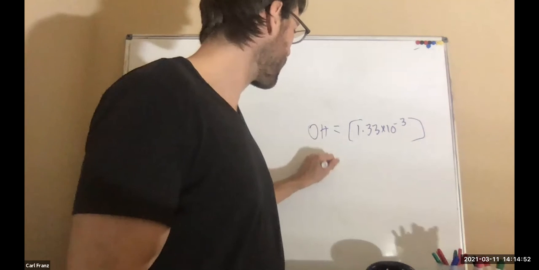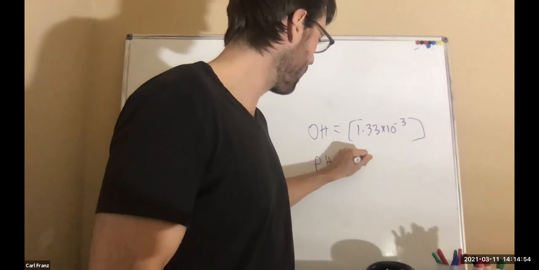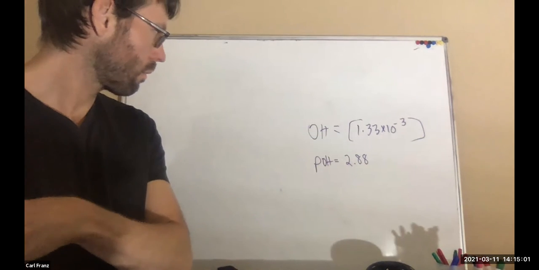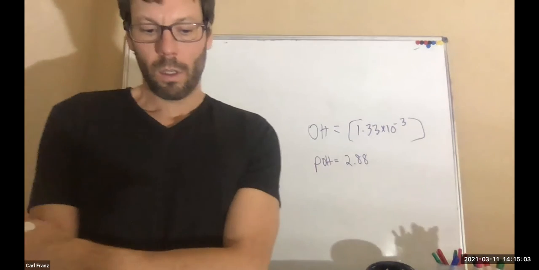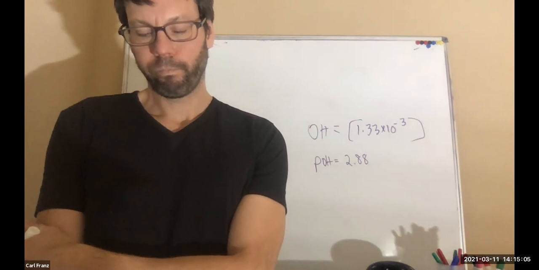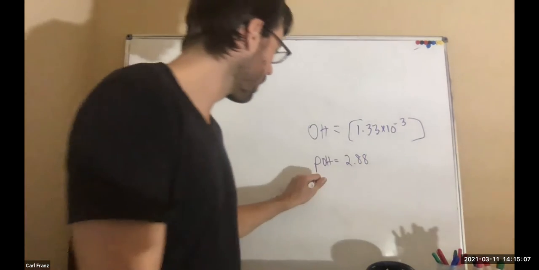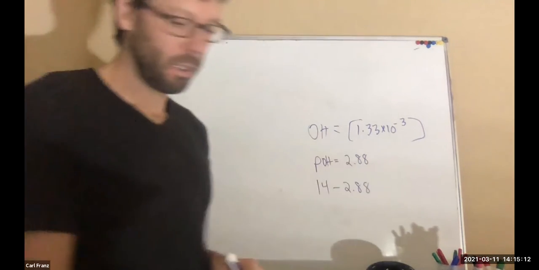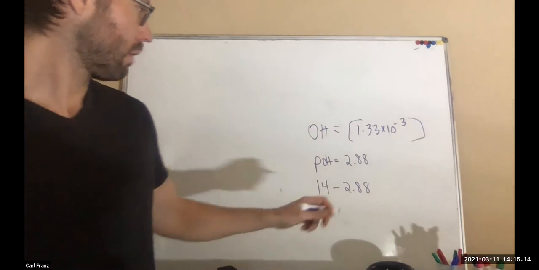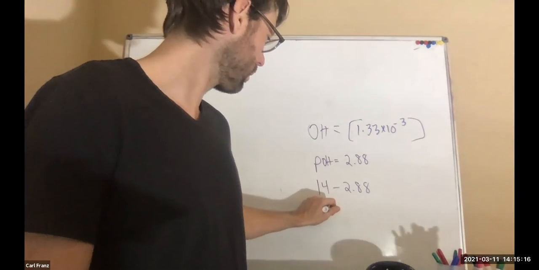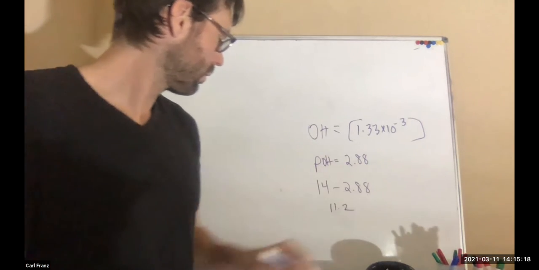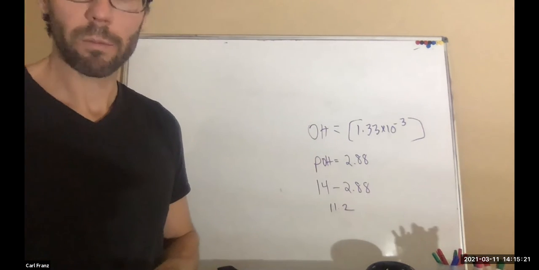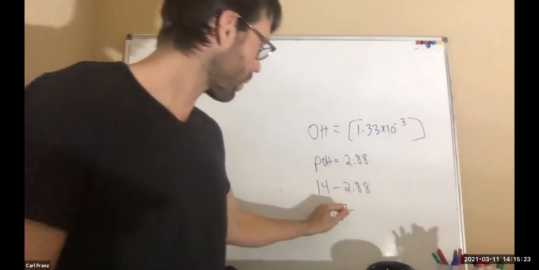That's the pOH. Sorry. All right, yeah, pOH. And then we would say 14 minus 2.88 is 11.2. Yeah. Okay. That's one way to do it.